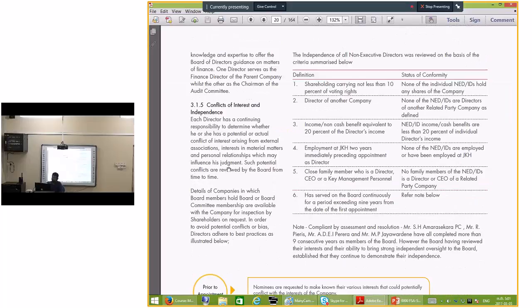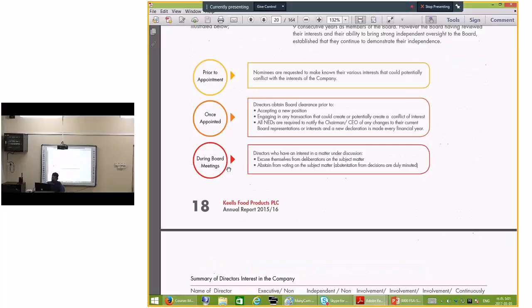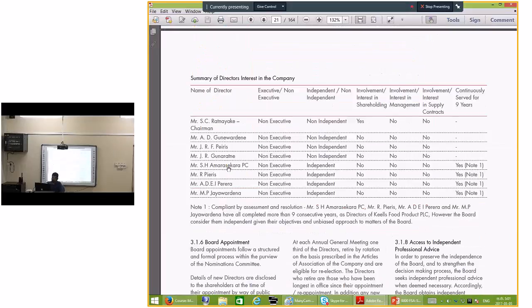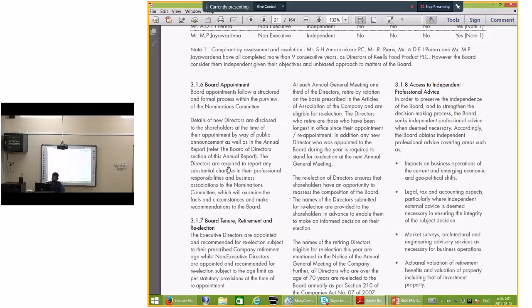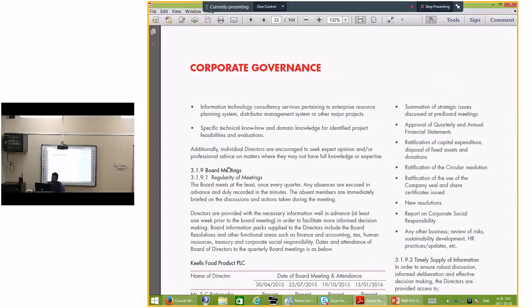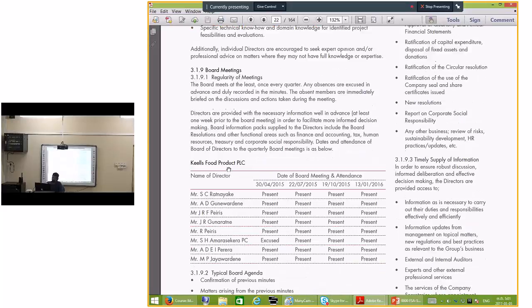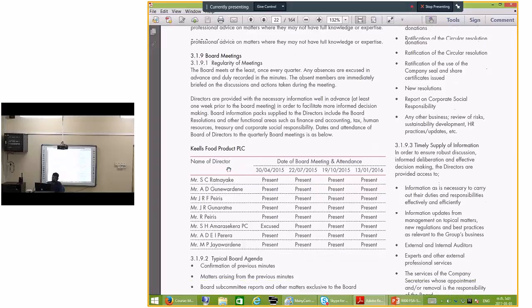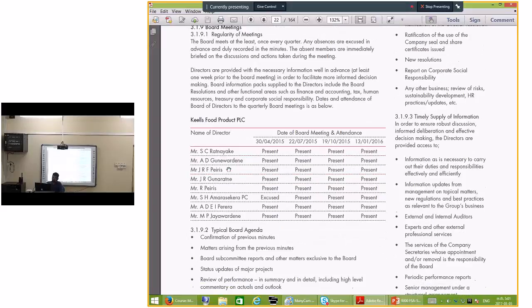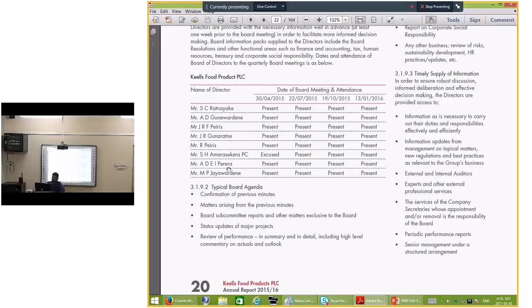Then here are additional details regarding this corporate governance. Here I'm not discussing all those things, but we need to know what are the important criteria in this type of attractive and best financial statement. Board meeting and the details, regularity of meetings, and date of board meeting.